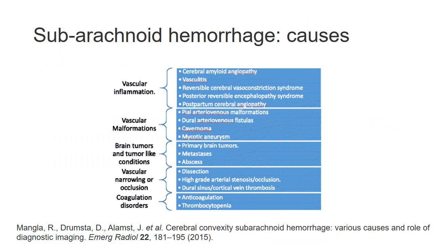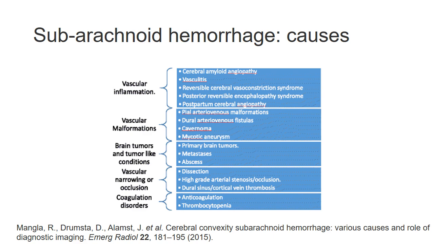Now coming to the several causes of subarachnoid hemorrhage. Now why are we discussing subarachnoid hemorrhage? This is because, as we have discussed, subarachnoid hemorrhage is one of the major causes of hemorrhagic stroke. And what causes subarachnoid hemorrhage?